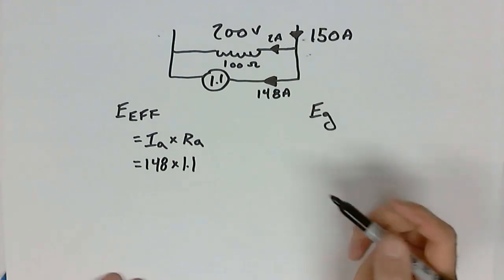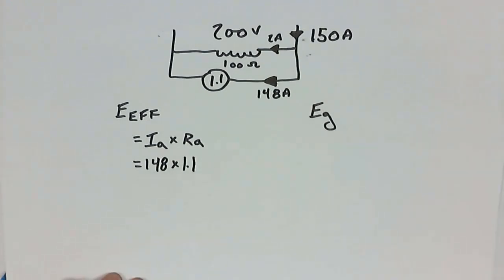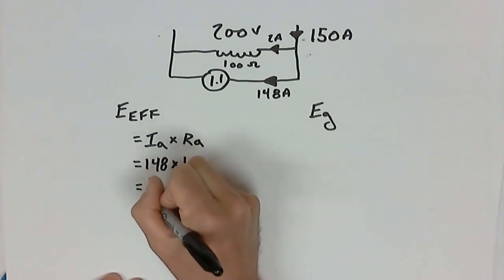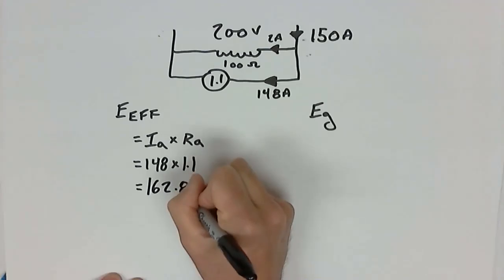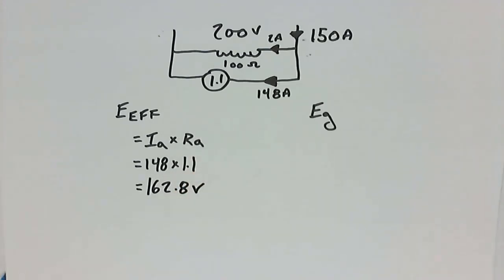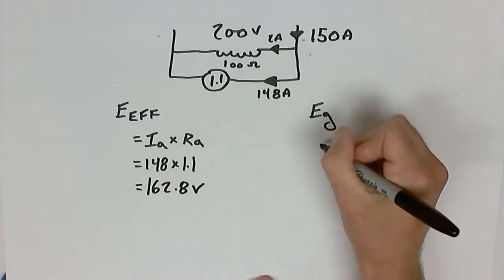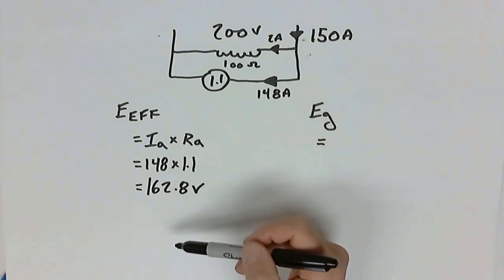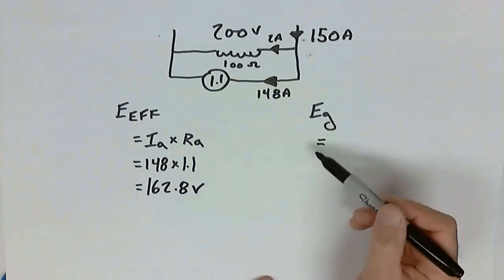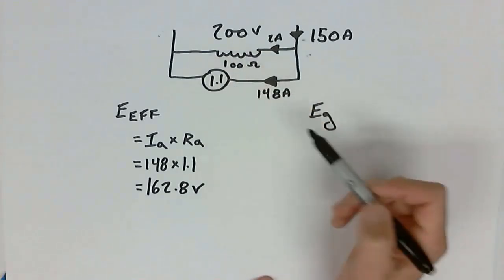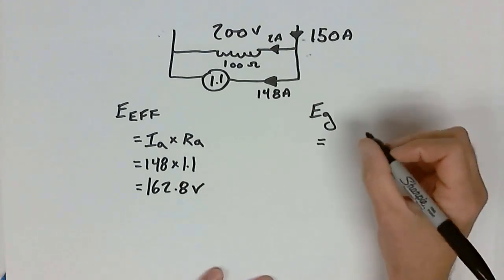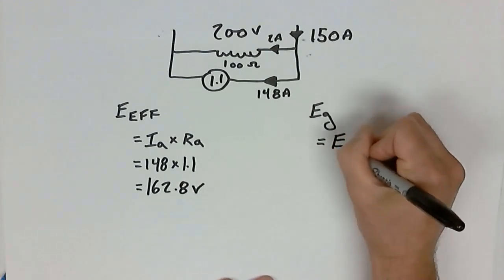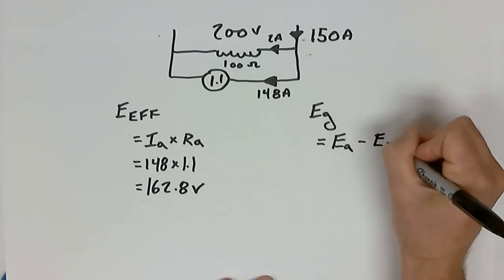148 times 1.1. What does that give us for a value? We get a total of 162.8 volts. Over here on the EG side, EG is our E across the armature, and EG is EA minus E effective.